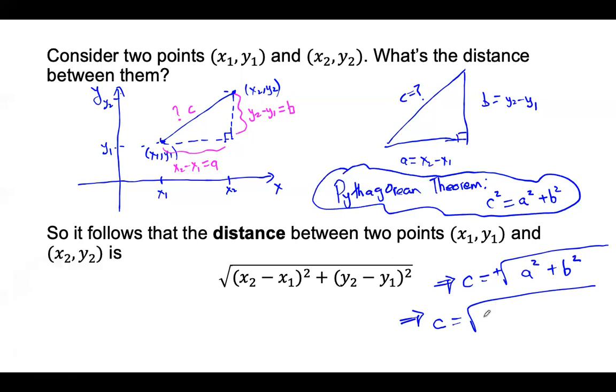Well, our A is X2 minus X1, squared, and our B is Y2 minus Y1, squared. So that is the formula for distance. This is our distance formula. Let's call it d, the distance between these 2 points.